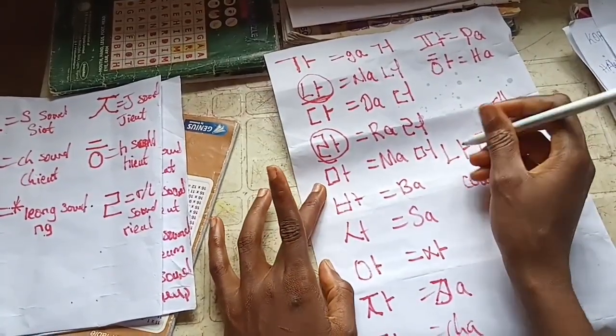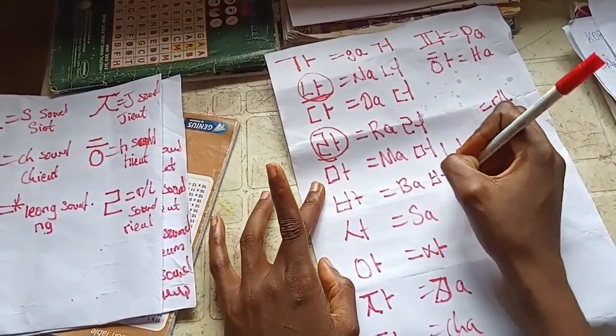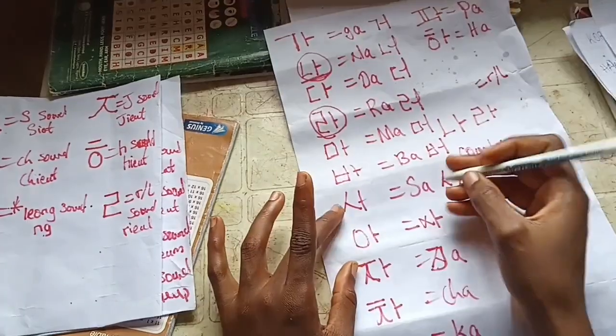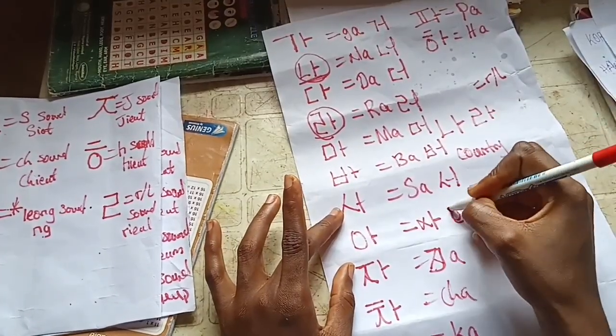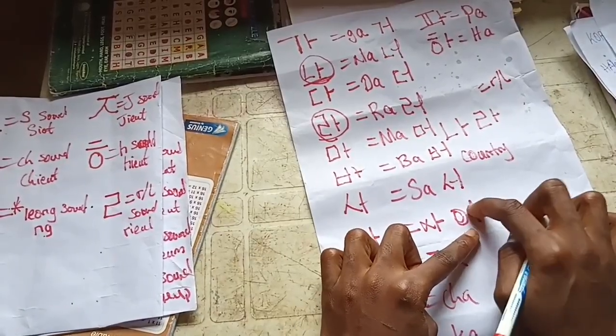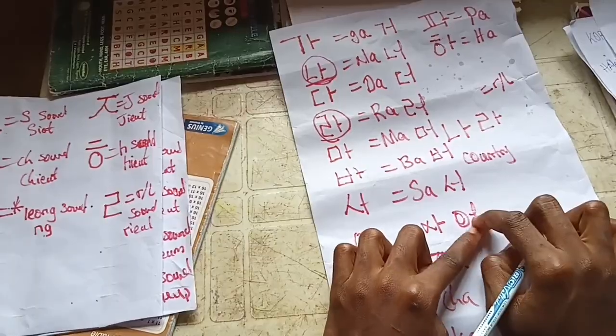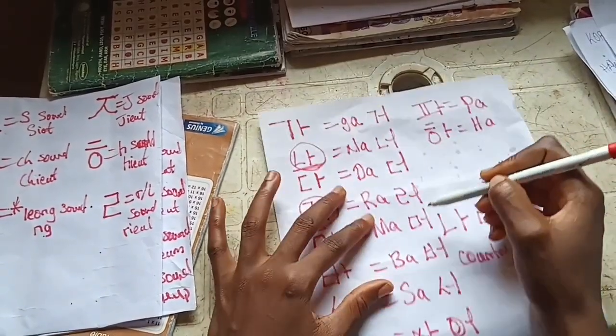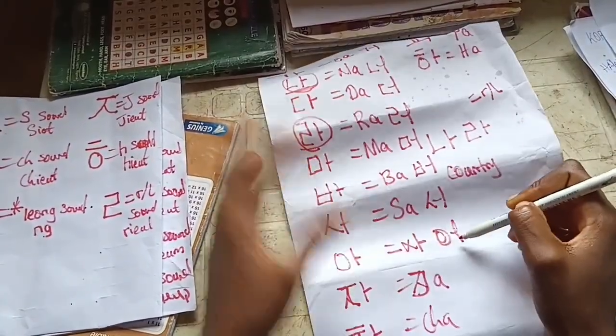Then we have bo, and S with O vowel we have so. The ing consonant and O vowel we have o. Like I said, it carries only the sound that comes after it. It has no sound of its own, so it's o. So we have go, no, do, ro, mo, bo, so, o, right?